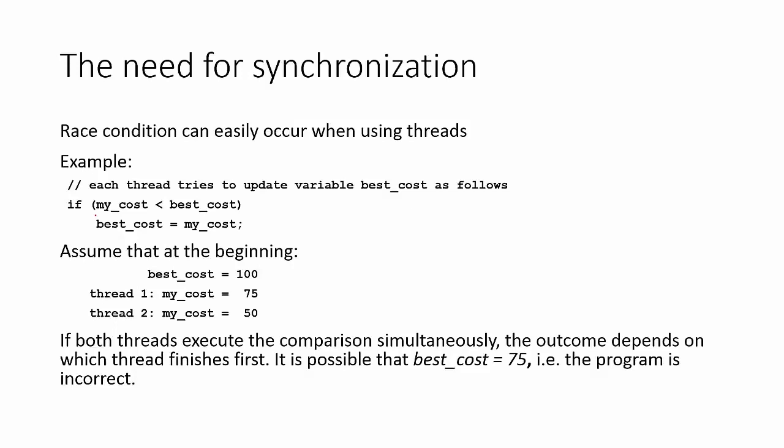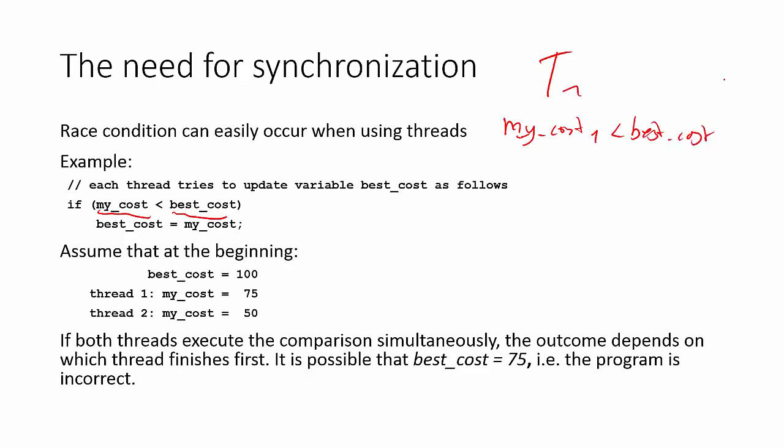My thread is looking at something, and then we have a shared variable, the best cost, which is the currently best cost, and all threads share this variable. So here we have a case where there might be problems. We have one thread here that finds out that its cost 0 is smaller than best cost.